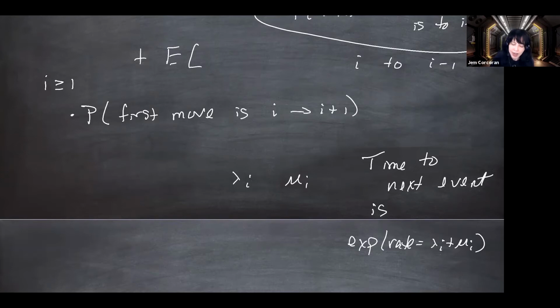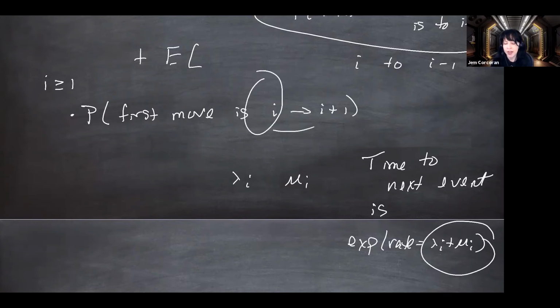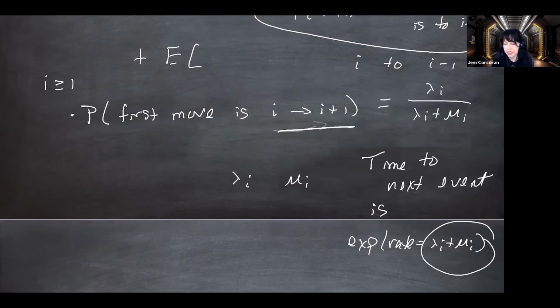At the time you're at i, the rate to the next move is lambda_i plus mu_i. And the probability that you move from i to i+1 is just the proportion of the birth rate to the total rate of movement away from i. This is just like the thinning that we did back with the bugs.